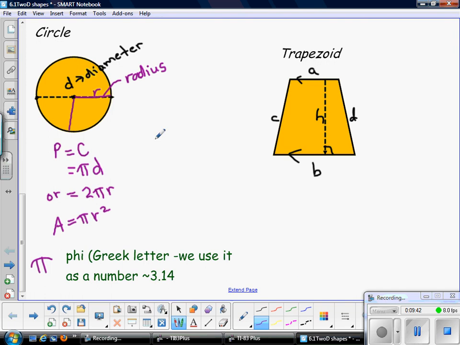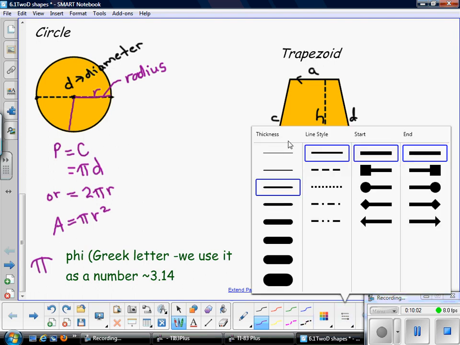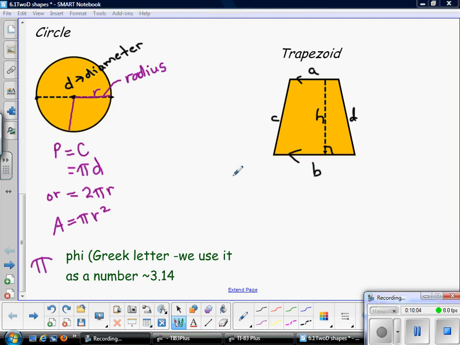The next shape that we're going to look at is the trapezoid. Again, watch how they've labeled things. A trapezoid has only one pair of opposite sides that are parallel to each other. And again, we have a perpendicular height down. There's really no problem as far as doing the perimeter, because perimeter is the distance around.